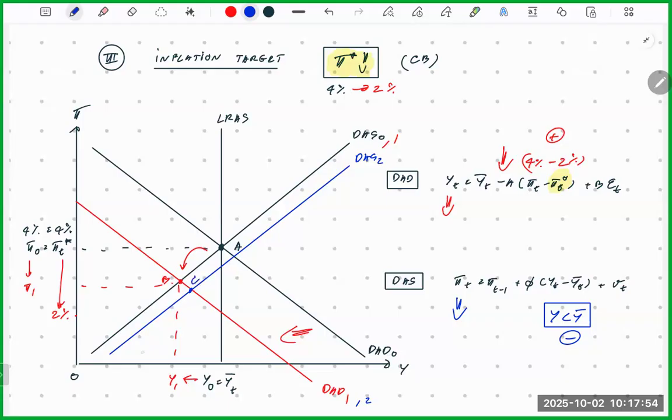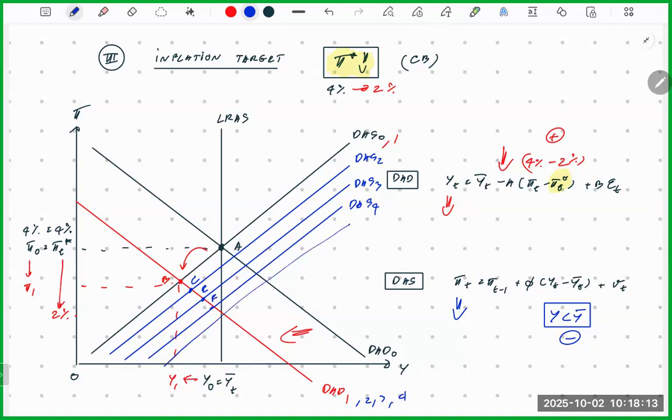Point C, day 3. Point E, and then maybe too much. Day 4, point F. And then the last one, day 5, G. Okay, 5.